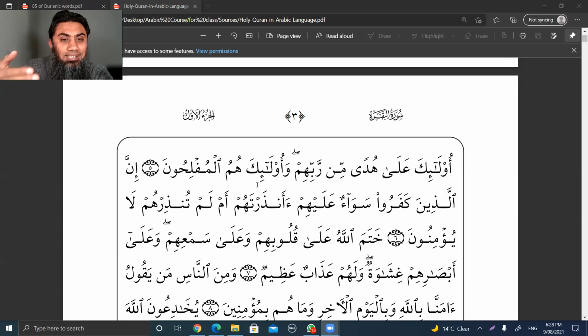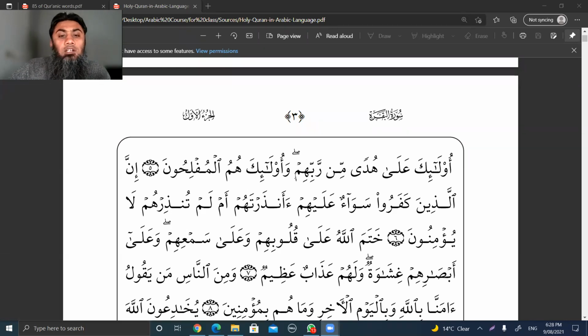Because we have learned that in the one word category of mubtada we have five things: clear one word, mausuf sifa, mudaf mudaf ilay, ismun ishara and musharun ilay, and the last one was independent pronoun, and ulaika is ismun ishara. So this is in the one word category of mubtada, and ulaika will play the role of mubtada. And then hum al muflihuna.